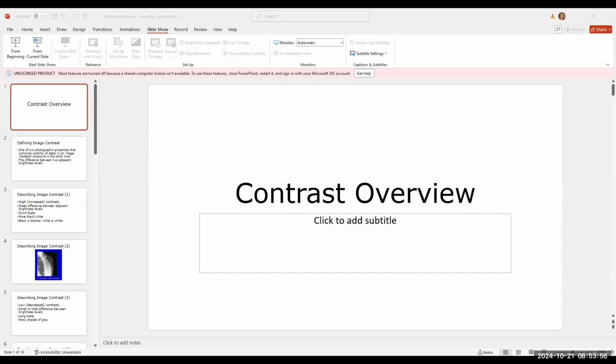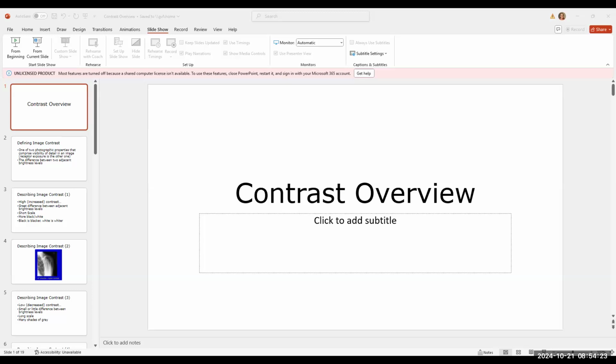Question 18. What is the effect on subject contrast if SID is increased or decreased? There is no change, because again, changing the distance, did it change one thing about the quality of the beam? What does changing the SID affect? Quantity, the intensity, right?